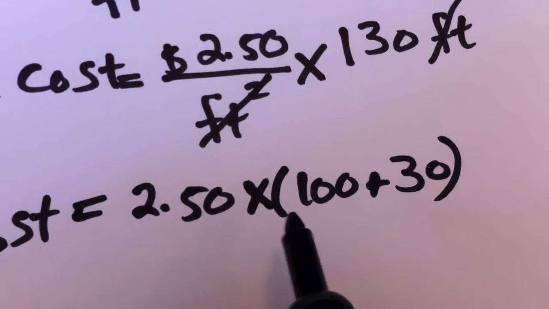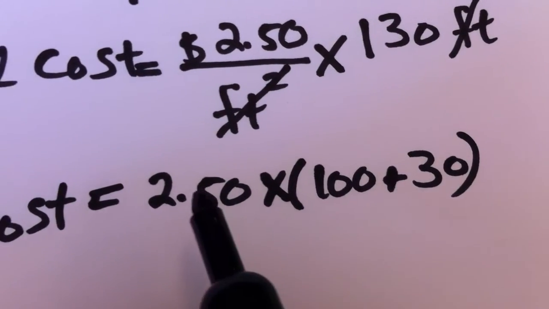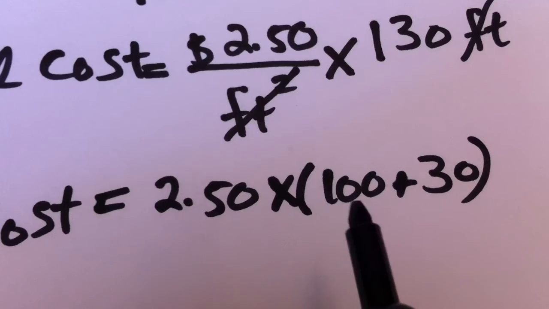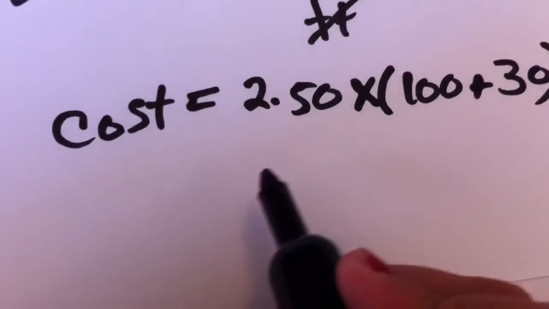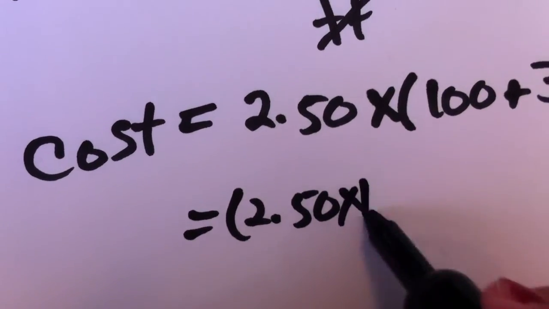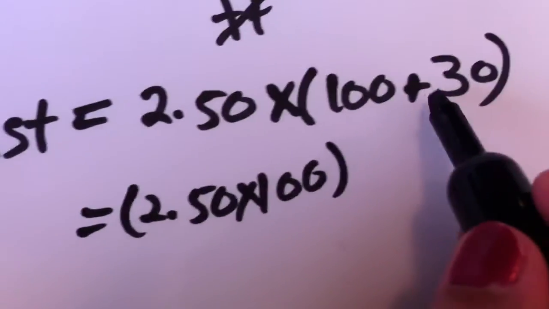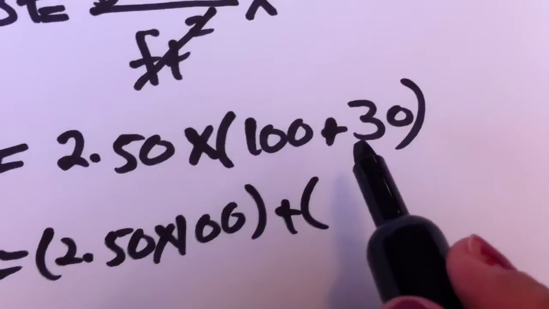So this is again the distributive property of multiplication over addition. So we'll have 250 times 100 plus 250 times 30.